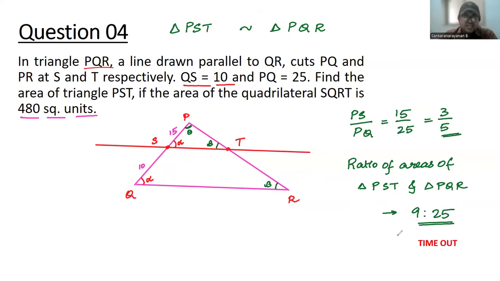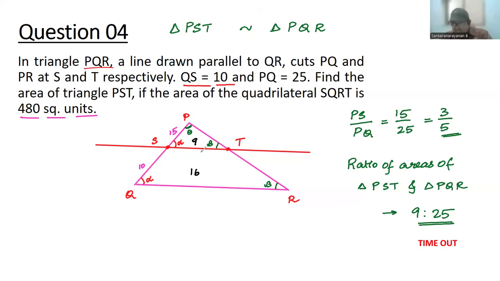Using the proportionality concept, if the area of PST is 9, the area of PQR, the full triangle, has to be 25. Means the area of the quadrilateral portion has to be 16. So that 9 plus 16 gives you 25. Got my point? Very simple, right?